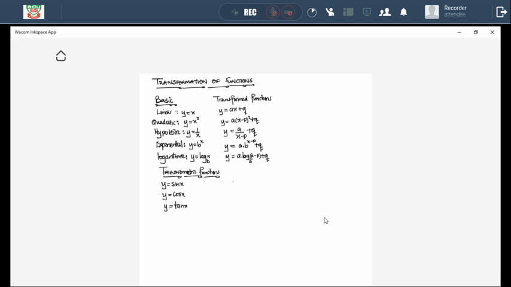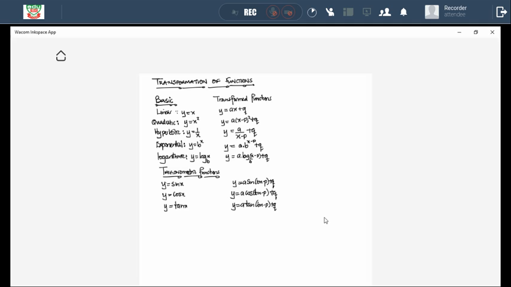But when transformed, this will change to y equals a sin b(x minus p) plus q. Then y equals a cos b(x minus p) plus q. Then the last one will be y equals a tan b(x minus p) plus q.